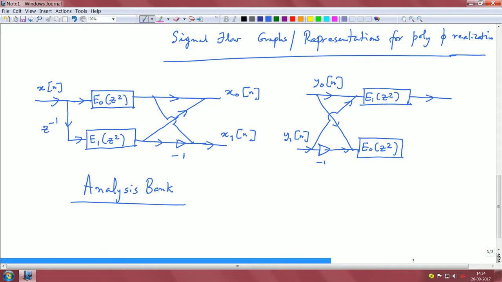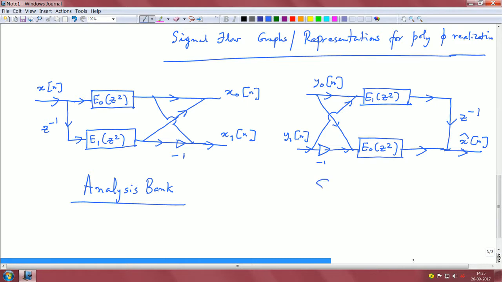So, basically two different subband signals, one is a sum, other is a difference, goes through each of the filters, and then the output of the filters are combined using a delay element to get you back your reconstructed signal x hat.